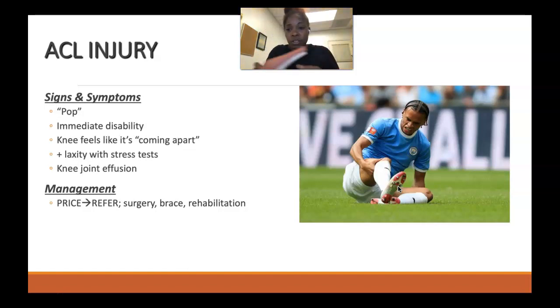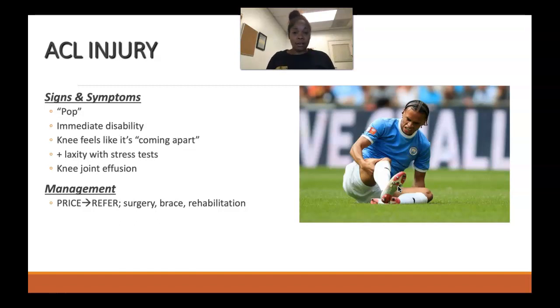And so what we're going to do with these particular patients is we're going to have to do our clinical special test to determine whether or not they've actually ruptured their ACL. And I'll show you a few of those tests on the next slides. In terms of management of ACL ruptures, we're going to ice them and literally send them out for an MRI to confirm. And then I would say 98% of the population, they go in for some type of ACL repair.